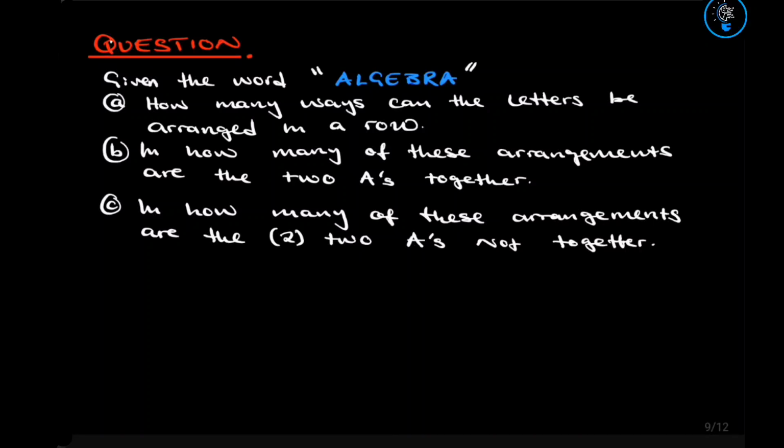Okay, so here's the question. Given the word algebra, how many ways can the letters be arranged in a row? That's part A. Then part B says, in how many of these arrangements are the 2 A's, take note, together?